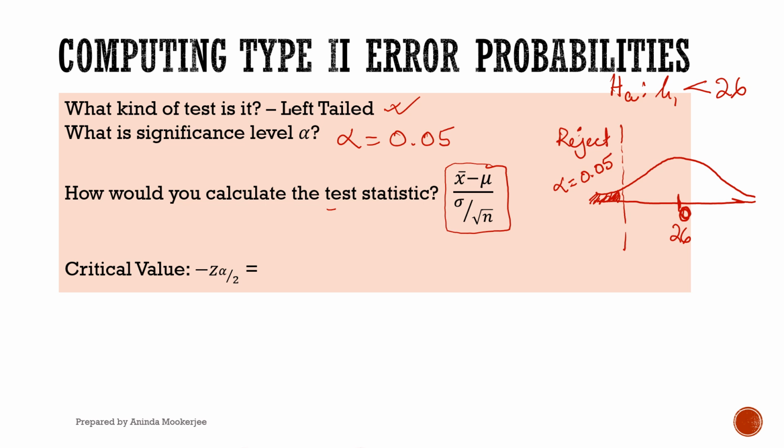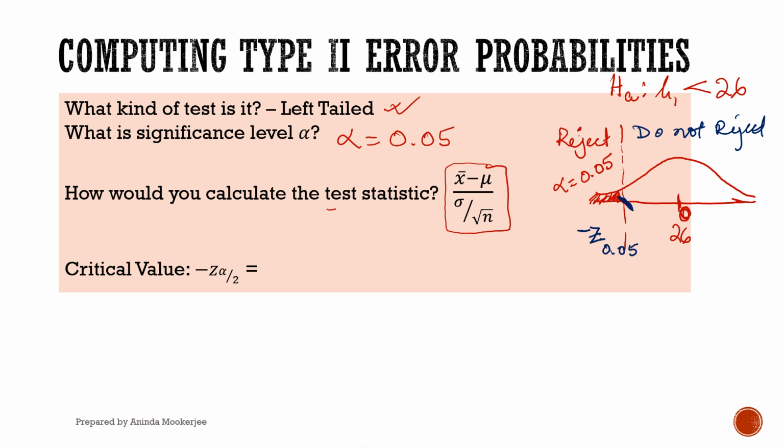0.05, and the cutoff, the CV, the critical value, this is the cutoff. That means the cutoff which separates the reject from the do not reject. This side would be do not reject, correct? Do not reject, and this cutoff point, this critical value would be, because it's on the left hand side, a negative z of 0.05.